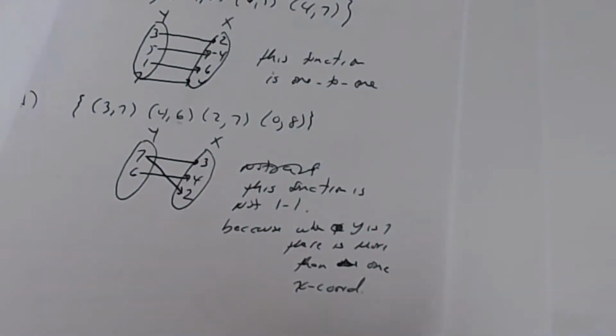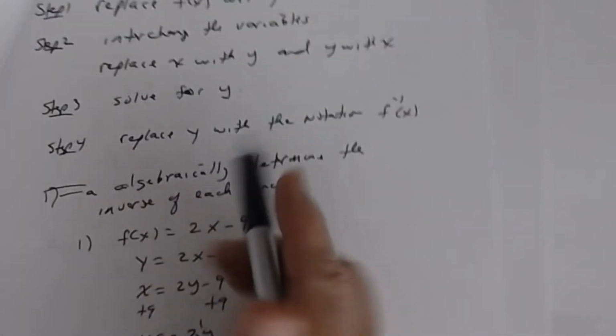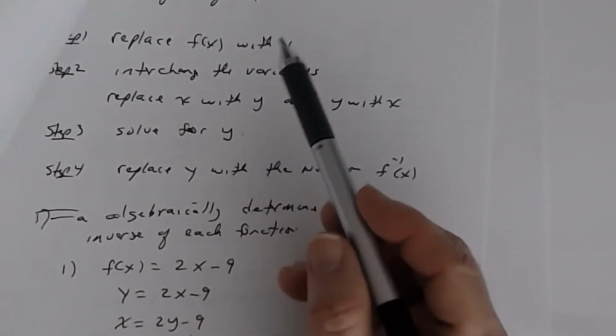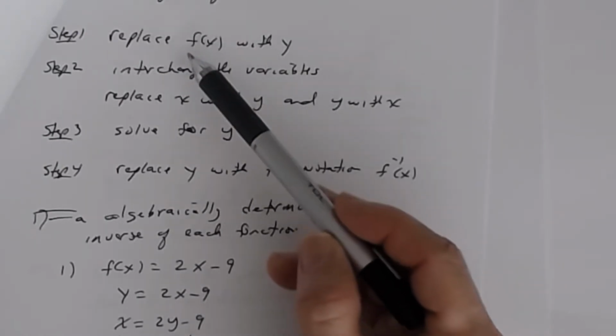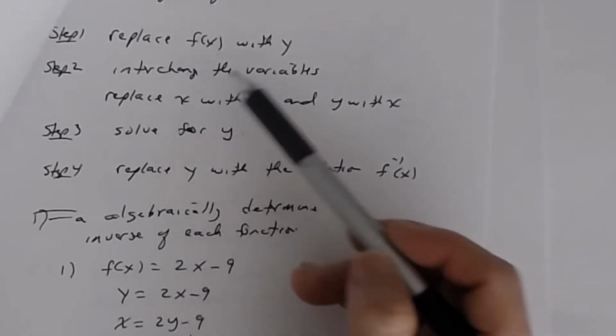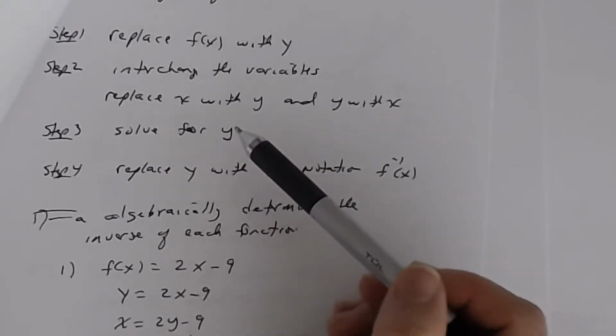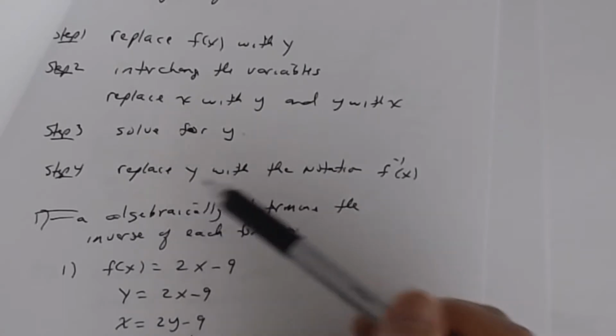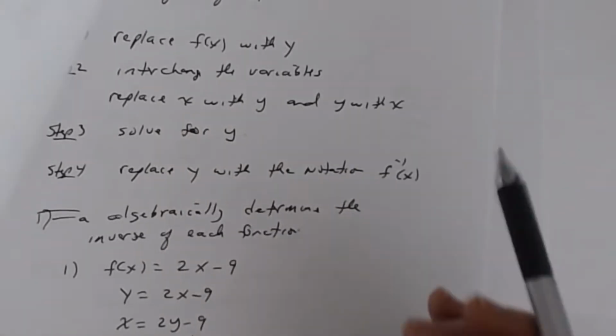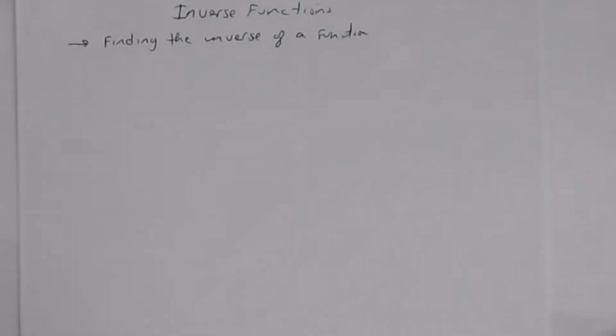Then we talked about finding the inverse algebraically, and that's what we're going to use today. Remember, we replaced f of x with y, and then we interchanged the variables, and then we solved for y. What we end up with for y is our inverse. And that is a kind of review of what we did last time.